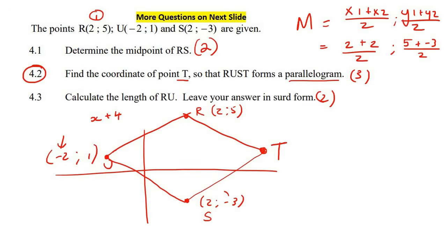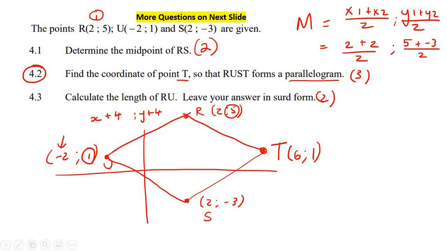We do the same for S going to T, because whatever happens from U to R is the same as what happens from S to T. So we add 4 to this one as well, and that becomes a 6. Now let's see what happens to the Y values. It goes from 1 to 5, so they added 4. We do the same to this, and that becomes a 1. And so that is the coordinates of T.